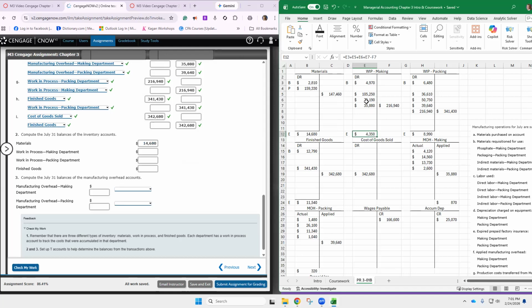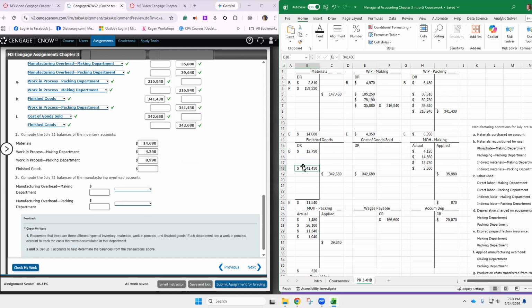Okay, if you add up the debits and subtract the credits, I got $4,350 in the ending balance here. And then 8,990 when you add all the debits and subtract the credits. Okay, $8,990, and then finished goods had a beginning balance.